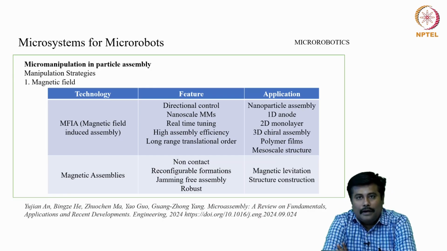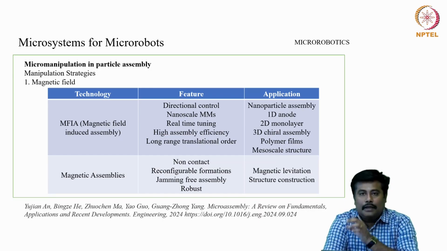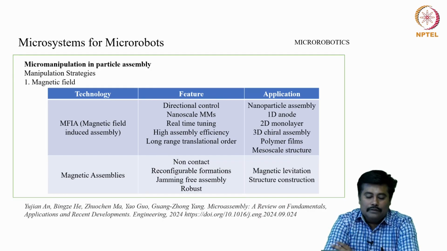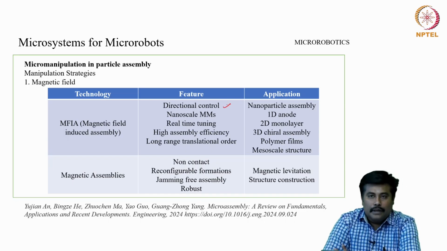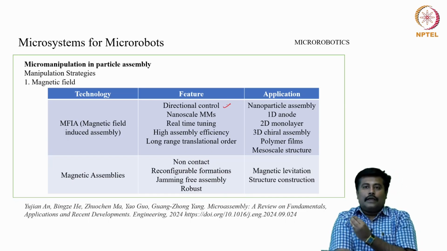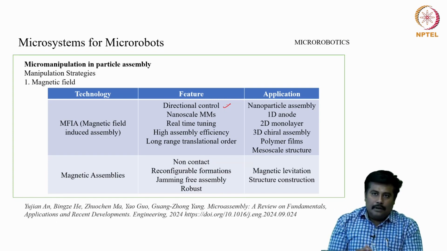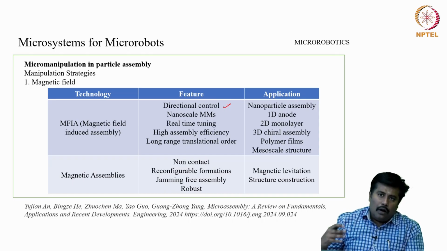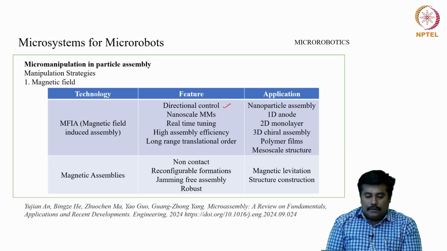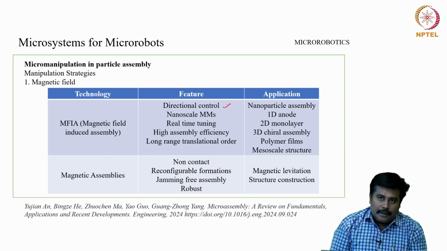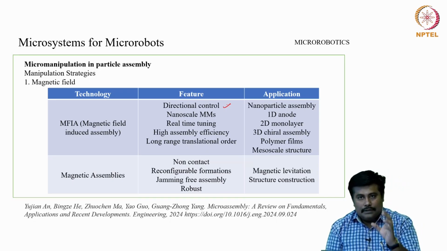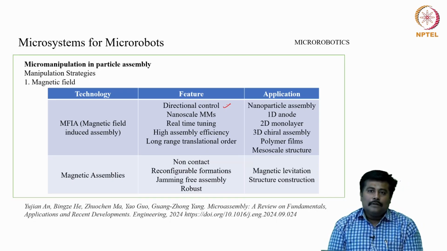In the case of magnetic field induced assembly, some of the key features involve directional control, nanoscale control of the magnetic field, real-time tuning, high assembly efficiency, and long-range translational order. Similarly, magnetic assembly is a non-contact system, with reconfigurable formation.